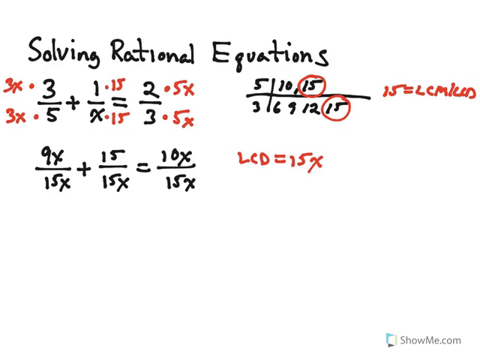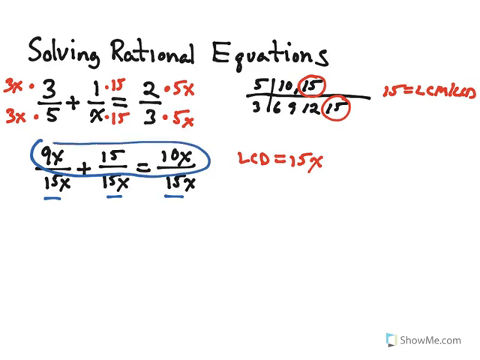That will indicate what you multiply the fraction by. And since the denominators are identical, we can just copy whatever is in each numerator as the equation, and that's going to be right here.